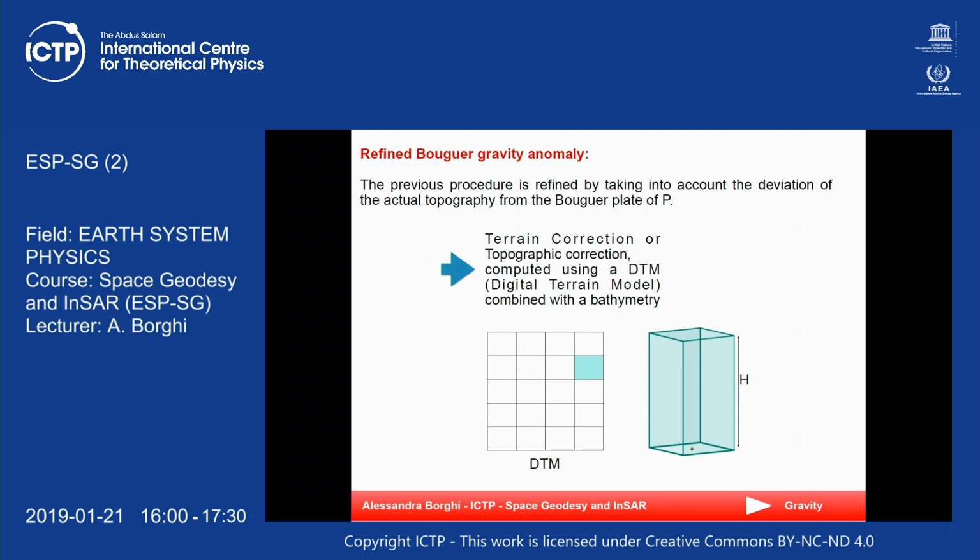And so now we have a global digital terrain model with a good resolution of 3 seconds, or 1 second. So it means 90 meters or 30 meters. It was produced by NASA, and at the beginning they released just the solution with 3 seconds of resolution.